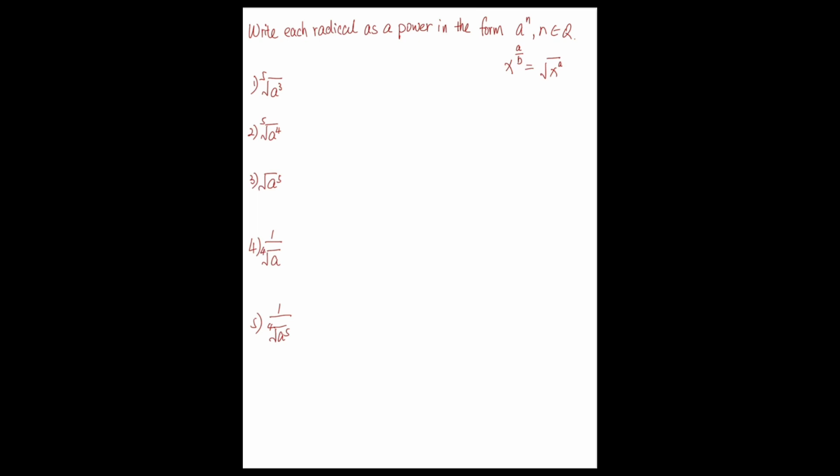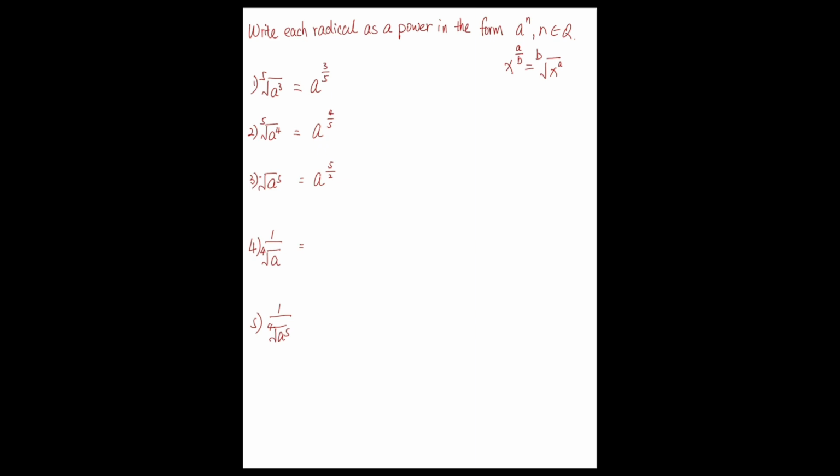For the first one, we can write a to the power of 3 over 5, and for the second one we can write a to the power of 4 over 5. And number 3, we know this is 2, and then we can rewrite this one as a to the power of 5 over 2.